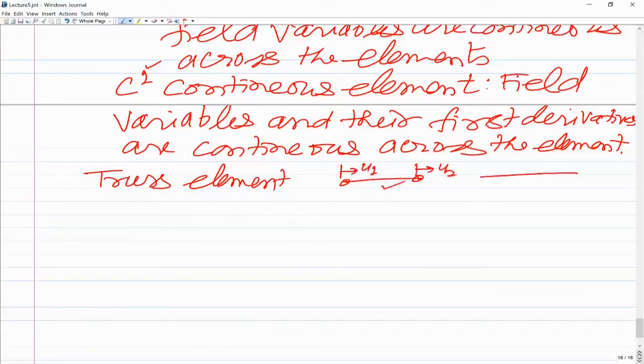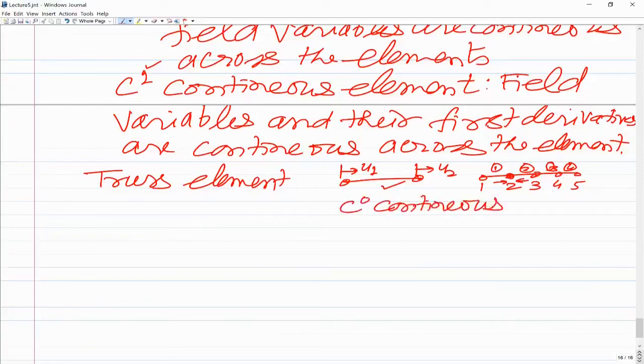When we discretize the entire domain into many elements, elements 1, 2, 3 and 4, and nodes 1, 2, 3, 4 and 5, when we look at node 2, whether we come from the first element side or second element side, we will have the same value of U, so U is continuous. Similarly at node 3, whether we come from element 2 or element 3, we will have the same value of U. That is the meaning of continuity of U, that is C naught continuous. So this is a C naught continuous element.